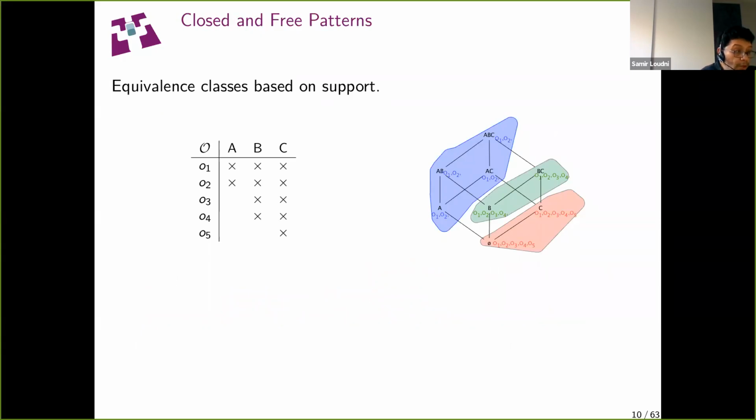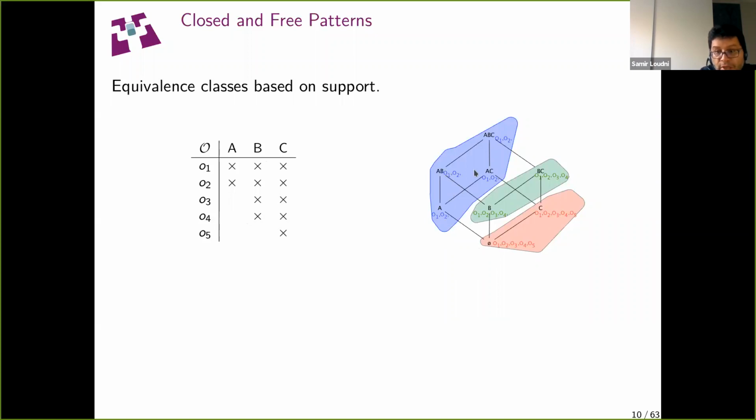Here the item sets are organized in equivalence classes with respect to their frequency. Equivalence classes include item sets that have the same frequency. For example, on this transaction database, with respect to the frequency, we have 3 equivalence classes.